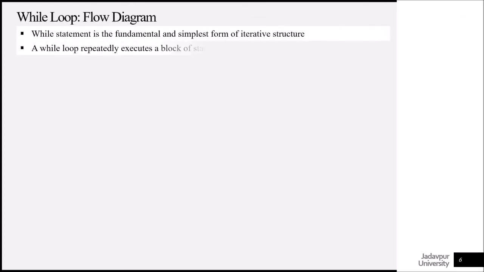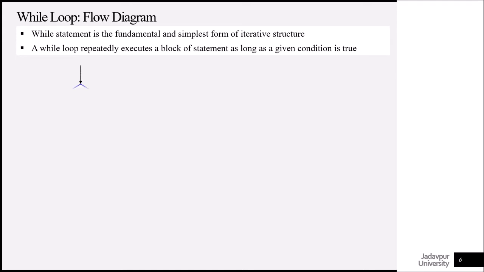While is the most fundamental and simplest form of iteration or repetition structure provided by C. It repeatedly executes a block of statements as long as a given test condition evaluates to true. Let us now try to understand the while loop structure using a flow diagram.